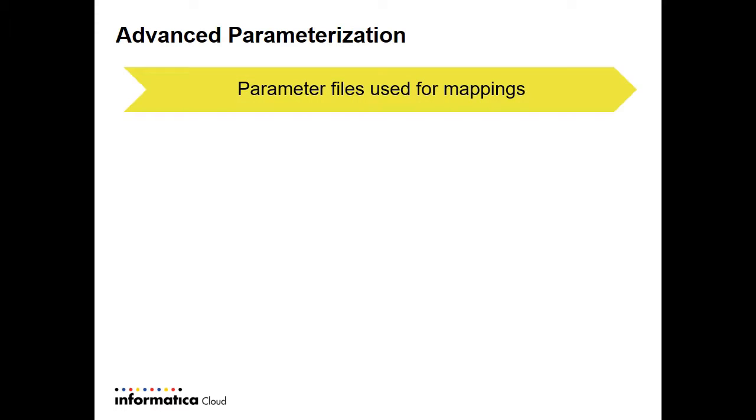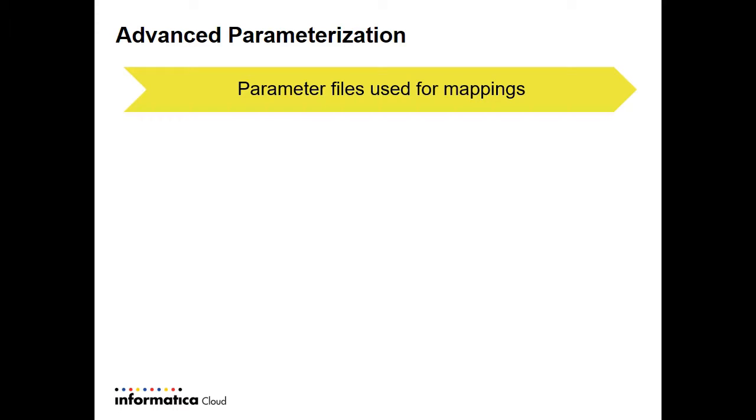Now, let us discuss advanced parameterization. Parameter files are used for mappings. Parameter files are nothing but a text file which contains the parameter values and variable values for a mapping, session, and workflows.